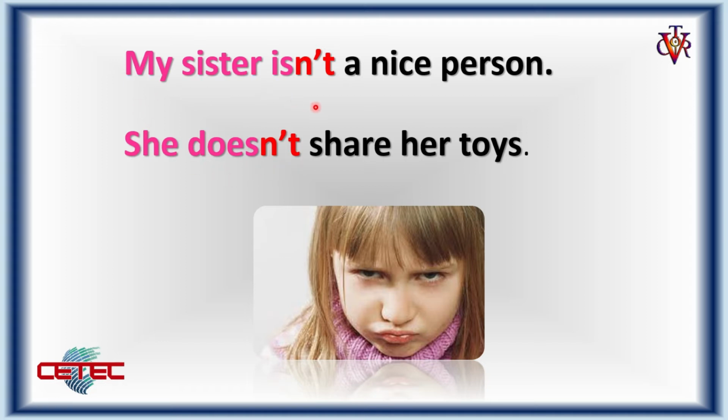Here, now, the difference between the simple present and the negative option is how we can manage this sentence. She, the auxiliary does not or doesn't, and here the verb is share, and a complement. Don't forget, it's important because we have to remember this structure.